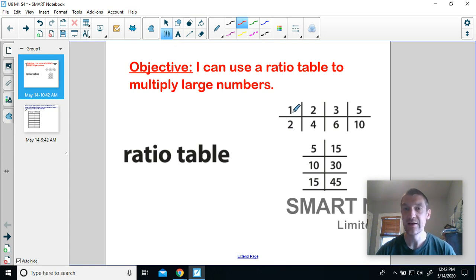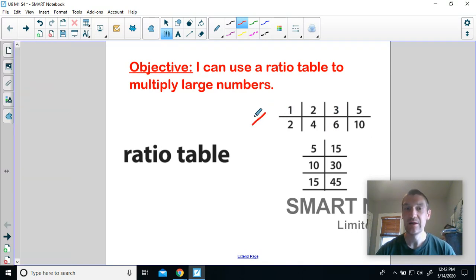So in this case, we're going from 1 to 2, 2 to 4, 3 to 6, 5 to 10. So this ratio table is a times 2 ratio table because everything from top to bottom is times 2. 1 times 2, 2 times 2, 3 times 2, and 5 times 2.